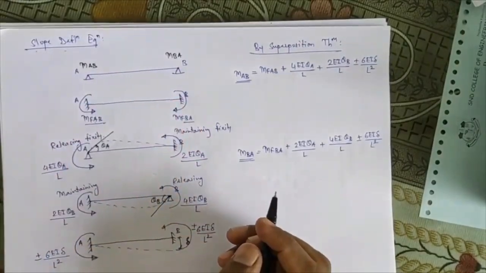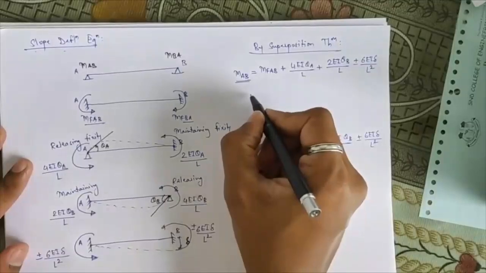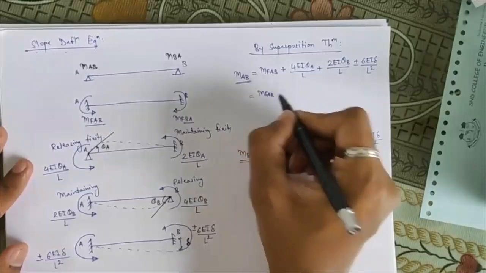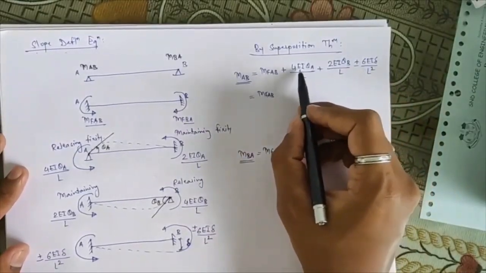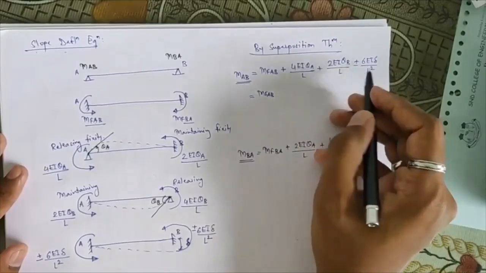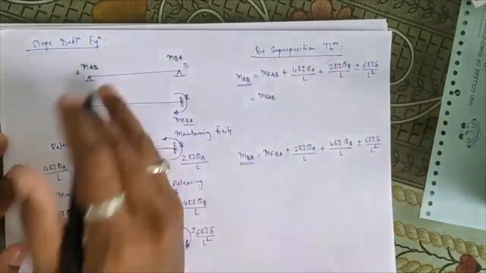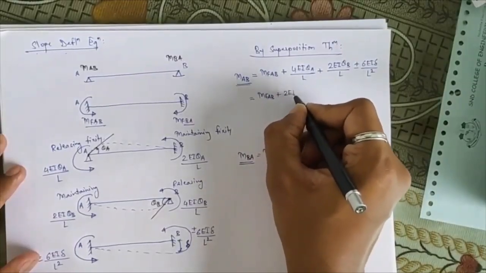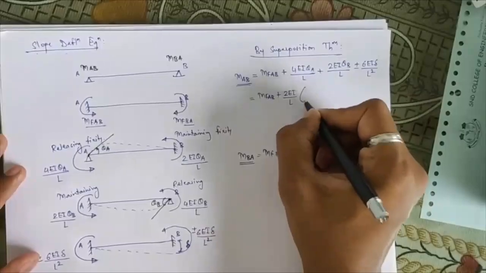I'll try to modify this equation further. Can I write that this will be equal to MFAB? In all these terms you need to multiply by the flexural rigidity, so instead of multiplying every time, I'll take it common. I'll take 2EI upon L common from all these three terms.